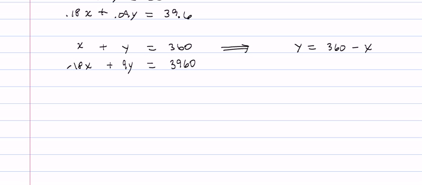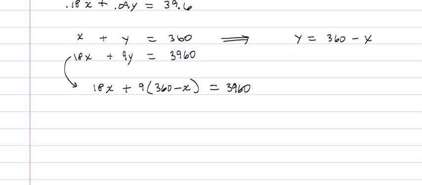So this equation, when I replace y with 360 minus x, will look like this. 18x plus 9 times y. Well, 9 times y will become 9 times 360 minus x, and that's equal to 3960.